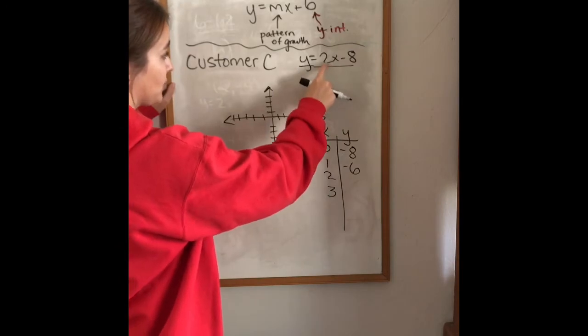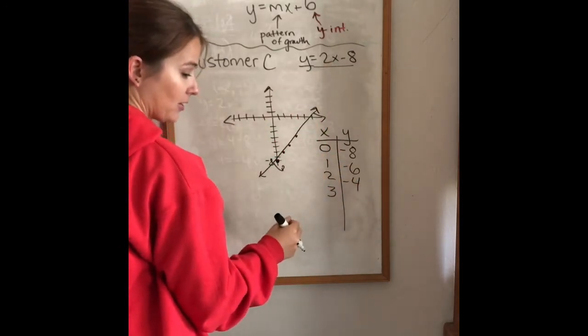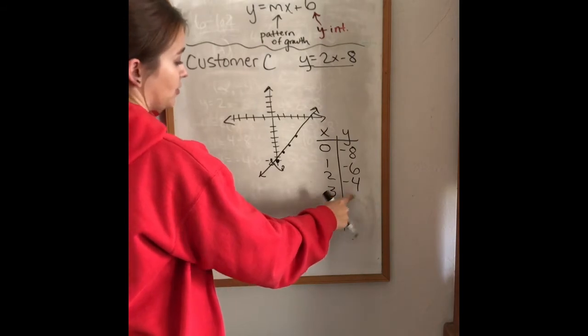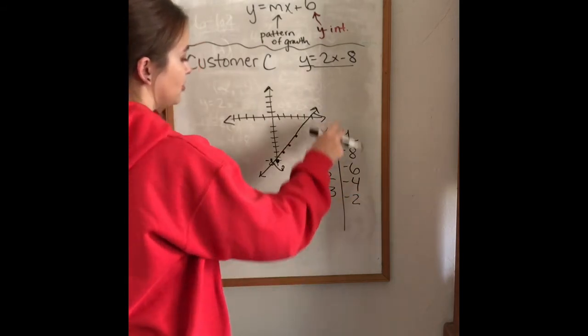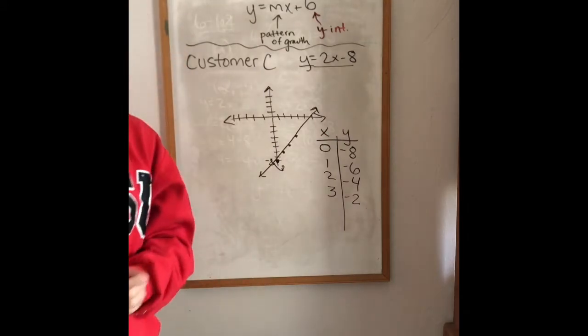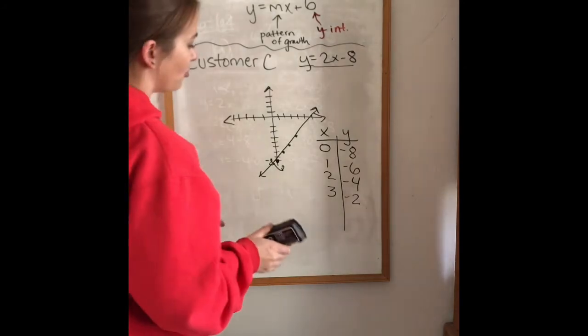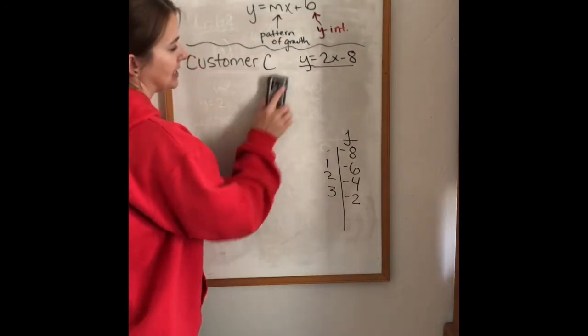Plug in 2 for x, 2 times 2 is 4, 4 minus 8 is -4, and it looks like we've got a pattern going, which is good. So we can assume the next point is probably going to be -2, so 3 times 2 is 6, minus 8, -2. Customer C now has everything they need. They have a graph, they have a table, they have a rule, and they are set to go. Good job, Customer C.